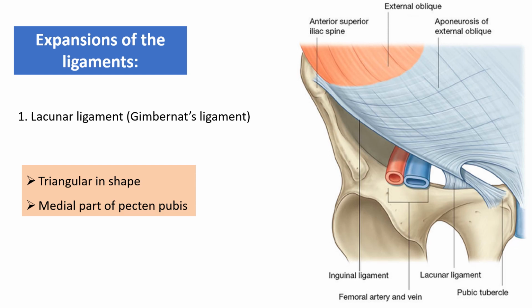From the medial attachment of the inguinal ligament, you can see a triangular ligament extending backwards and laterally. This is called the lacunar ligament. Since it is a triangle, it has an apex and a base. Remember, this ligament also contributes to the formation of the floor of the inguinal canal.